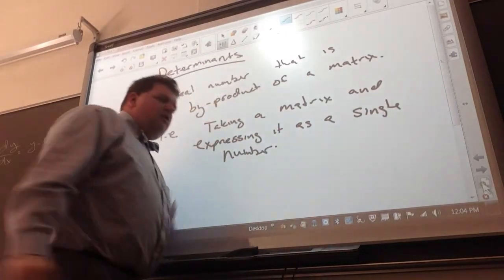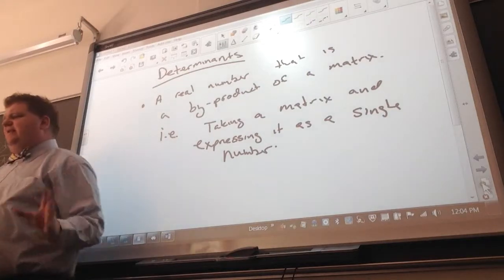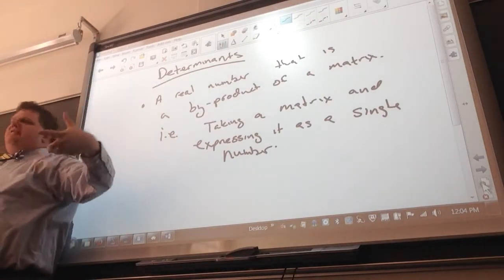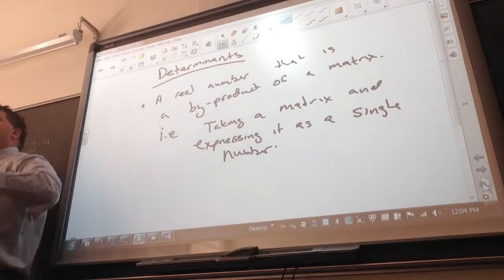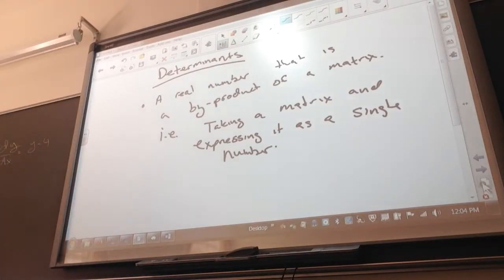Okay, so basically, what a determinant is, I've got this big old matrix, and it's essentially like I'm boiling it down or condensing it down until it becomes a single number, okay, which I can then use to do work with, okay.